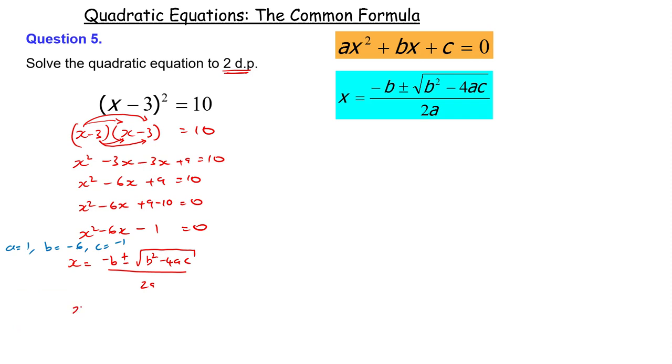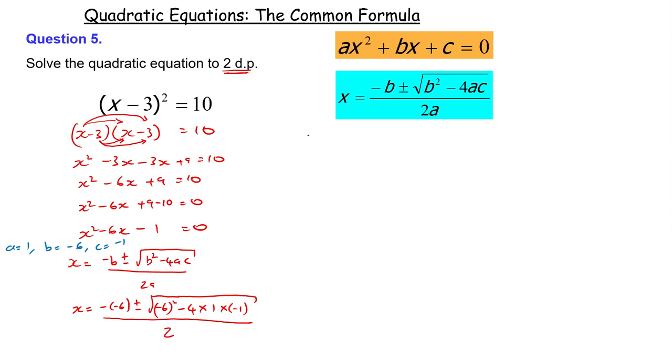So we got x is equal to minus b, so minus 6, plus or minus the square root of minus 6 squared minus 4 times a, which is 1, times c, which is minus 1. I put that in brackets just to distinguish it. And everything is divided by 2 times a, which is 2 times 1.